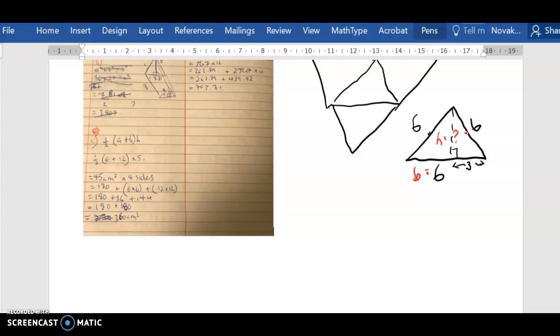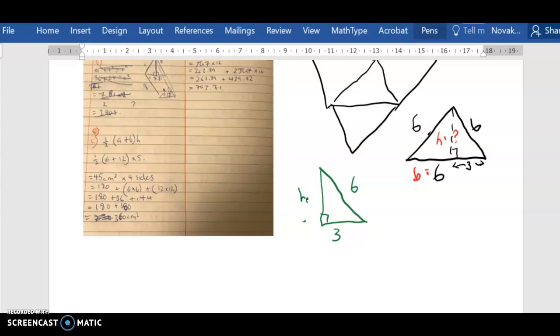So using Pythagoras' theorem, I'll change color so you can see the extra part. We've got a right angle triangle. We know that's 6, that was half that, and we want to know what h is.